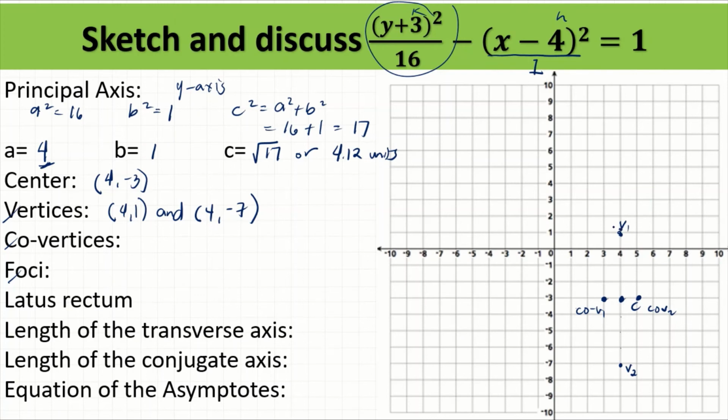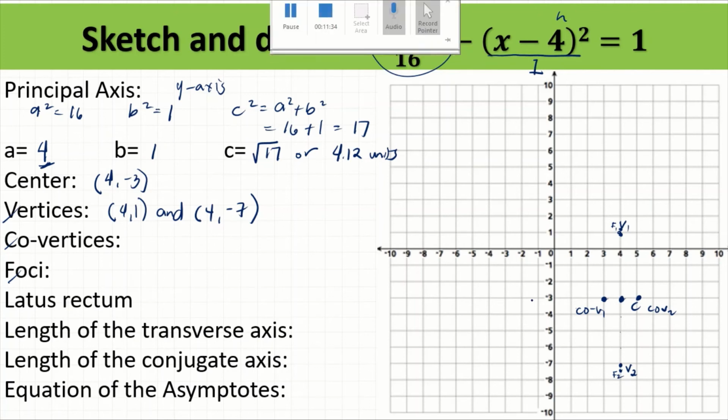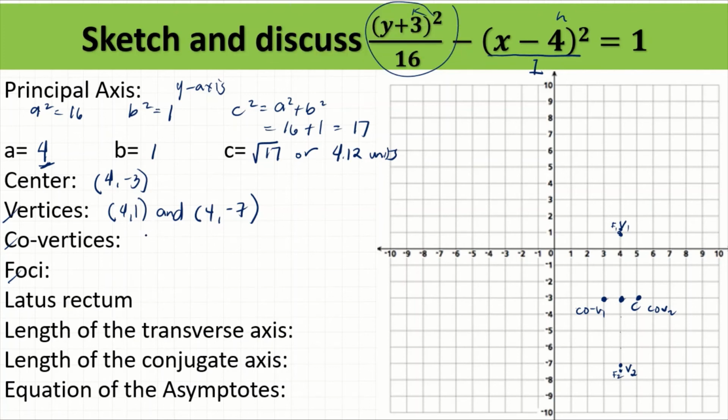Okay, so this is the F sub 1. So, yung difference ng vertex dun sa ating focus is 0.12. So, ganun din dito sa baba. Okay, so we are going to put F sub 2. And the coordinates of co-vertices are 3, negative 3, and 5, negative 3.